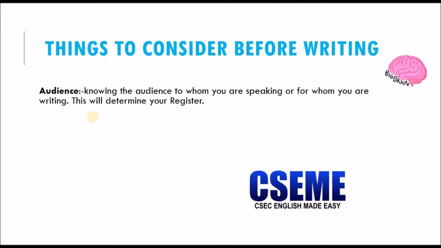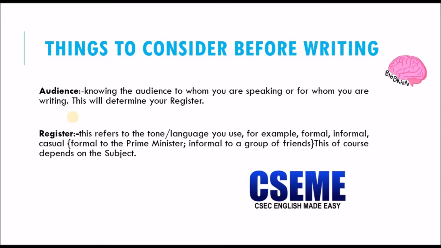Now, when we talk about register in this context, we are not talking about the register that the teacher marks in class. We are talking about the type of language that is used, and the tone that is employed, right? And so when we talk about the type of language, is it formal, informal, is it casual, is it technical?